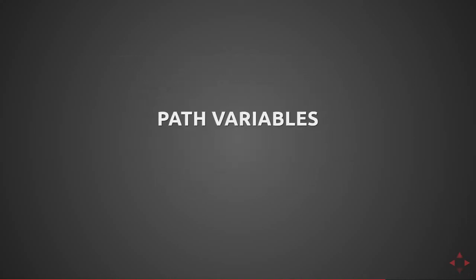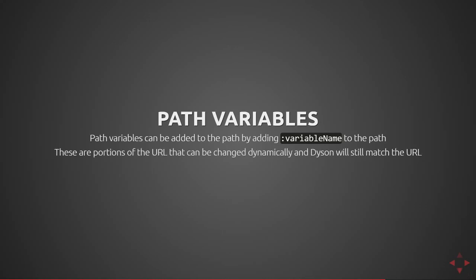How to do path variables in Dyson is pretty simple. If you are familiar with state provider or UI Router, it's the same exact definition. A preceding colon and then the variable name in the path will make a path variable accessible in that function. So these portions of the URL can be changed dynamically from the client, and Dyson will still match the URL.